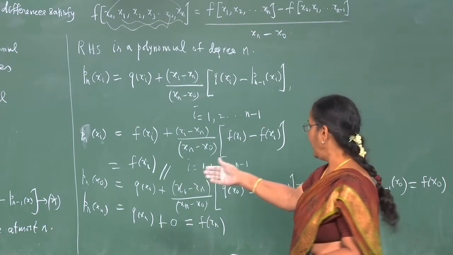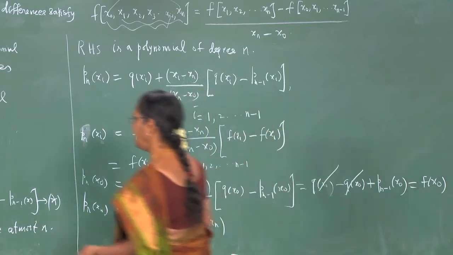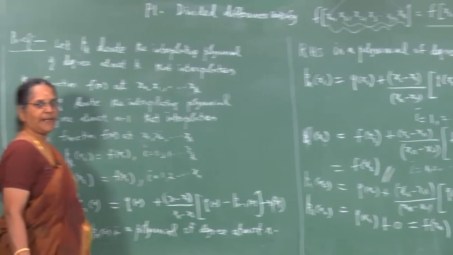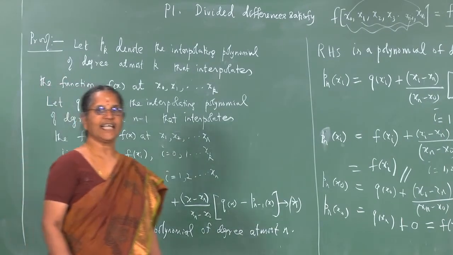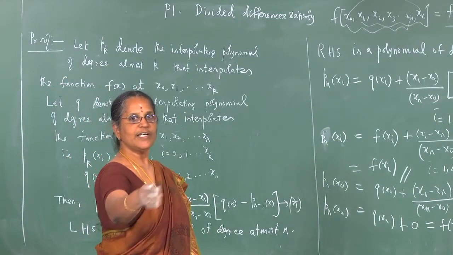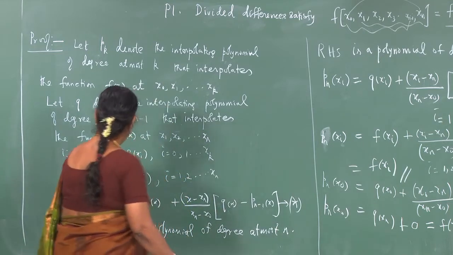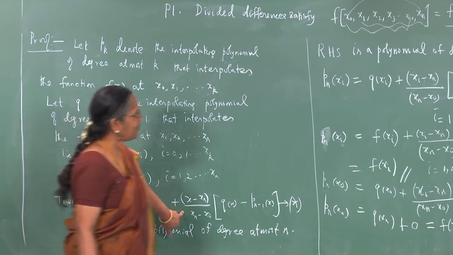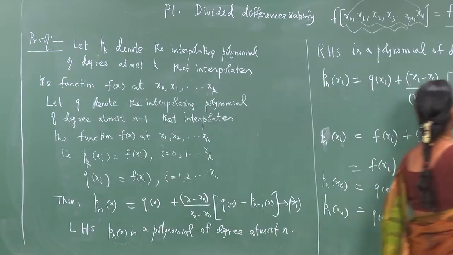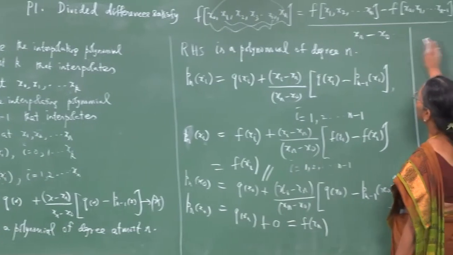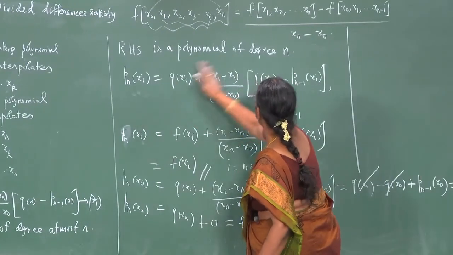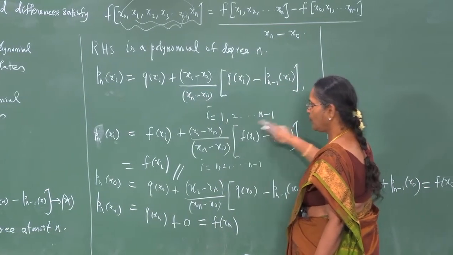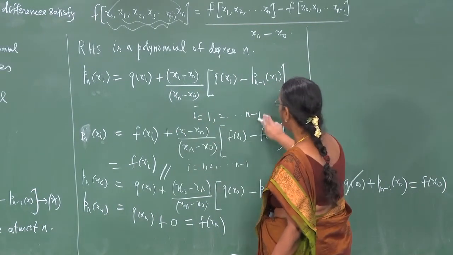At a set of n plus 1 points, namely x0 to xn. It satisfies the property that Pn of xi is f of xi for i equal to 0 to n, and the left hand side polynomial is equal to the right hand side polynomial at all these points. Namely, we have shown that Pn of xi is equal to this not only at i equal to 1 to n minus 1, but also at x0 and xn.